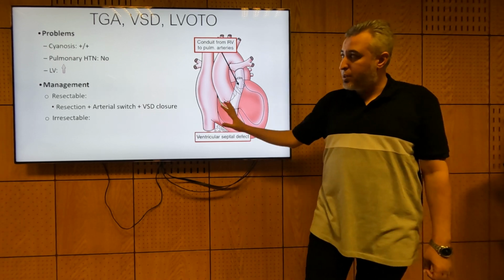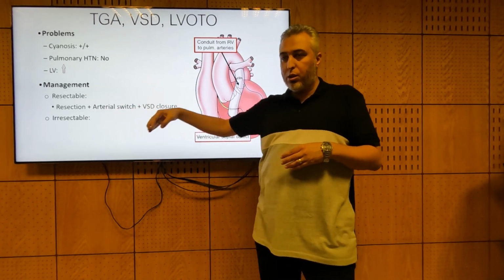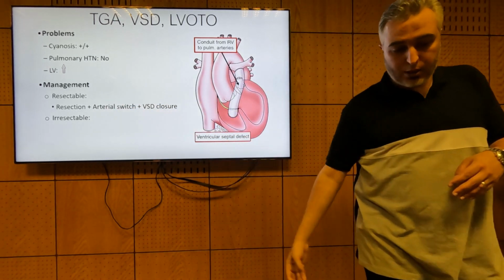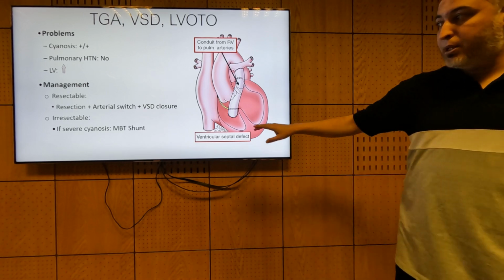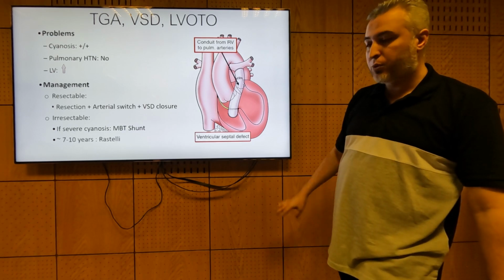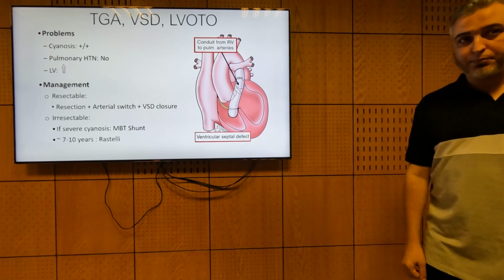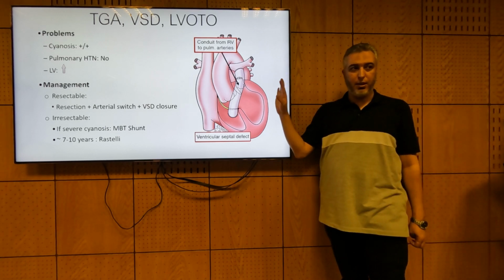So with these patients we tend to wait so that they grow older, so that when we put conduits, they are bigger. And if they have very severe cyanosis, we may have to do a BT shunt earlier, and then when he is big enough, we can do the Rastelli. Okay? Are you with me? Do you get the idea of the Rastelli?